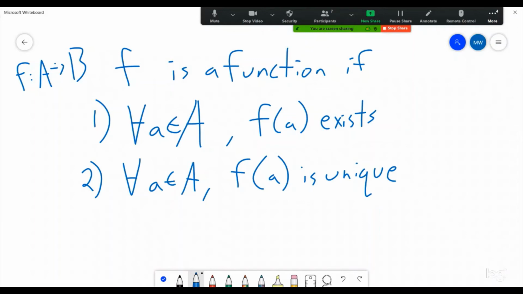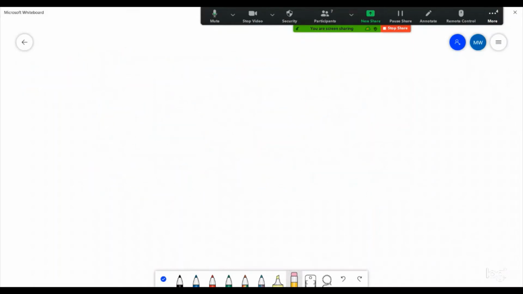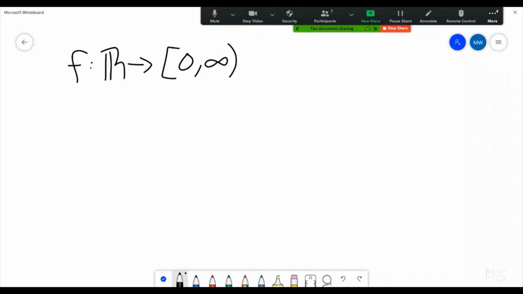You think that we can maybe do a quick proof about it? Like an example? Yeah. So let's say that we have f defined from the real numbers to the interval 0 to infinity, where f of x equals x squared.